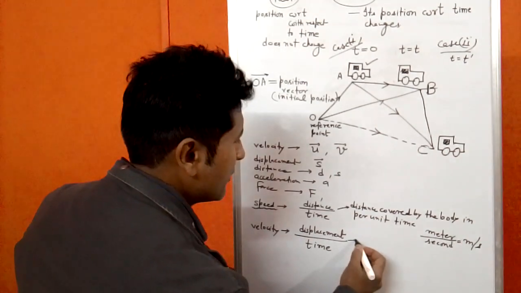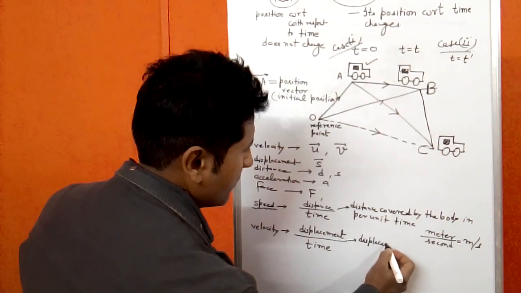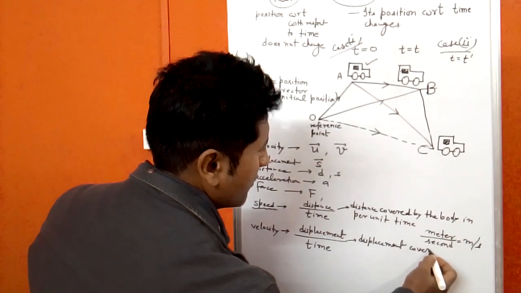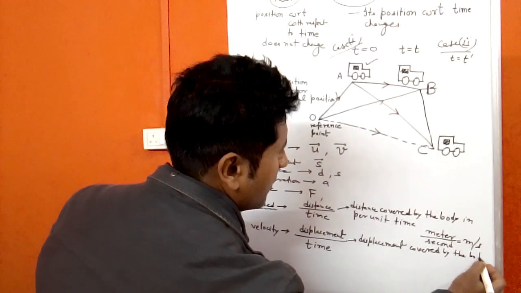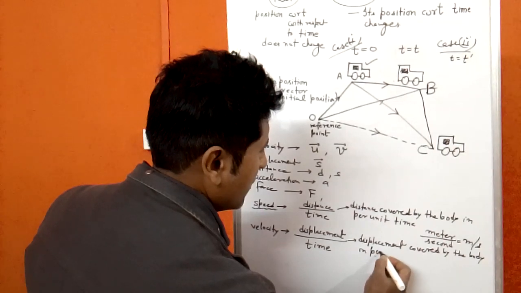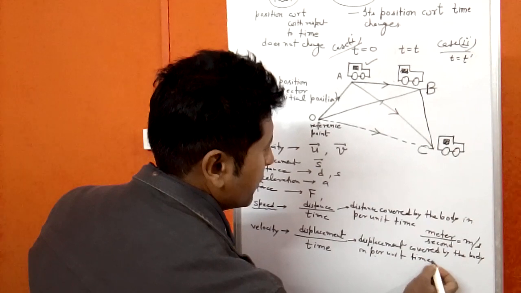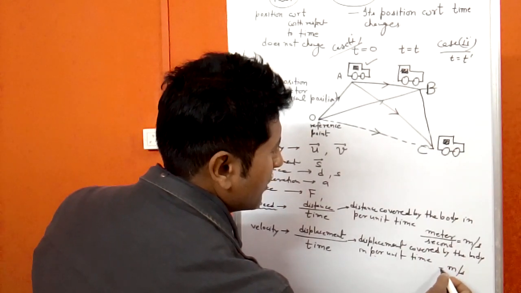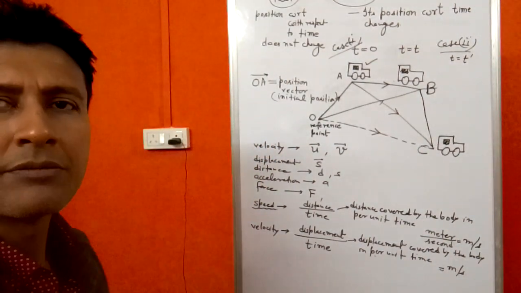So we can write: displacement covered by the body in per unit time, and of course it will be in meter per second, right?